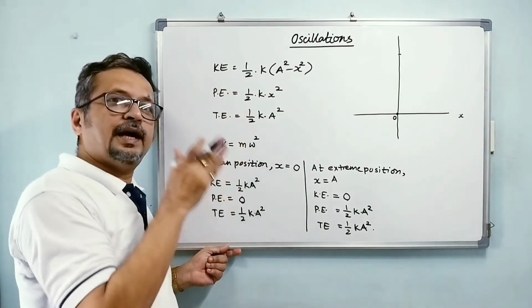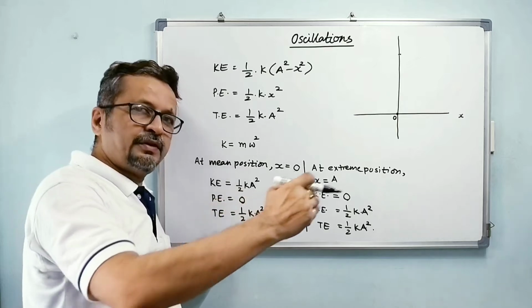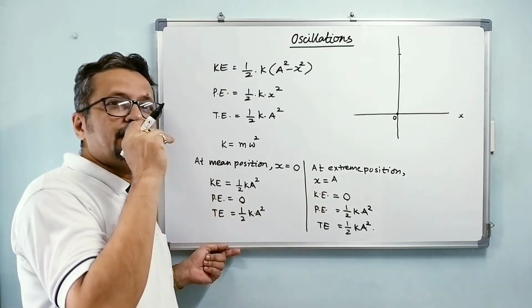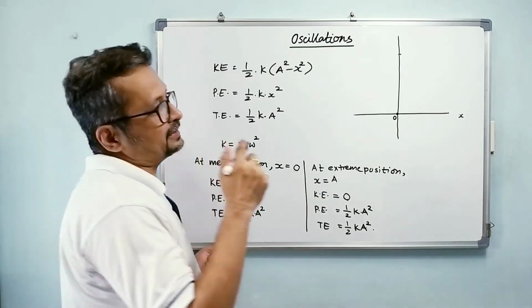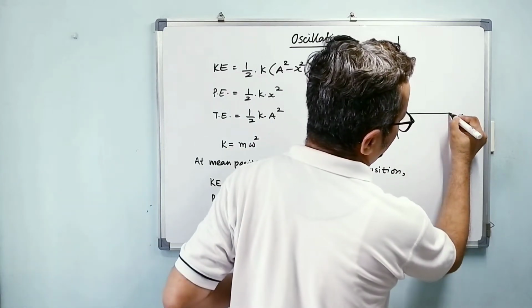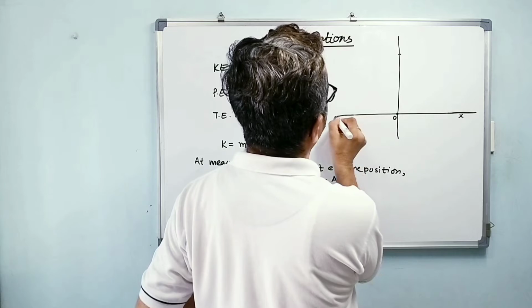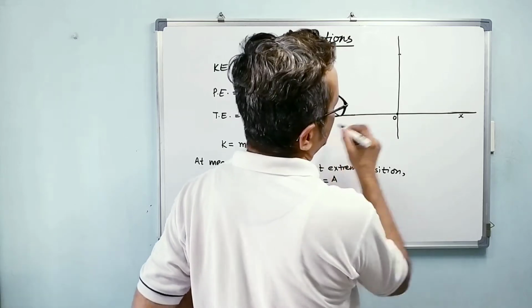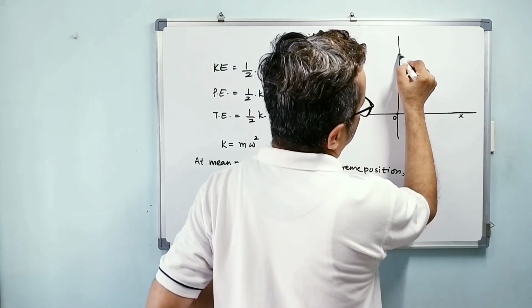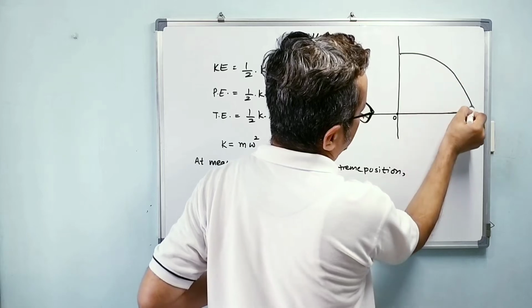Now what happens as I move away from the mean position? My kinetic energy goes on decreasing. If I move on the positive side here, and on this side, let's say, negative, my energy goes on decreasing.